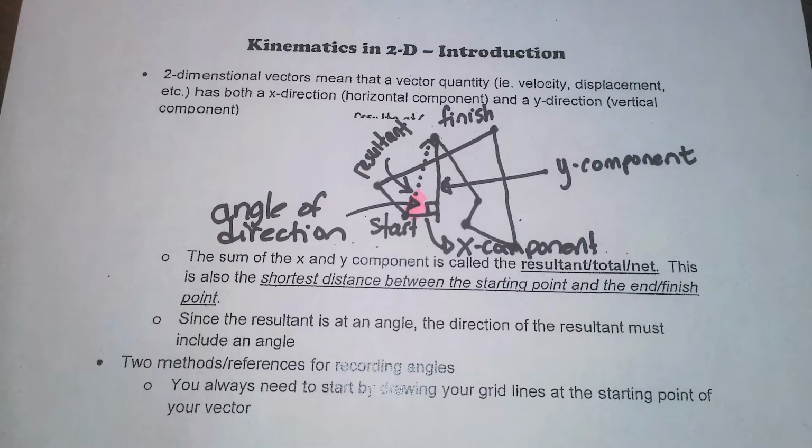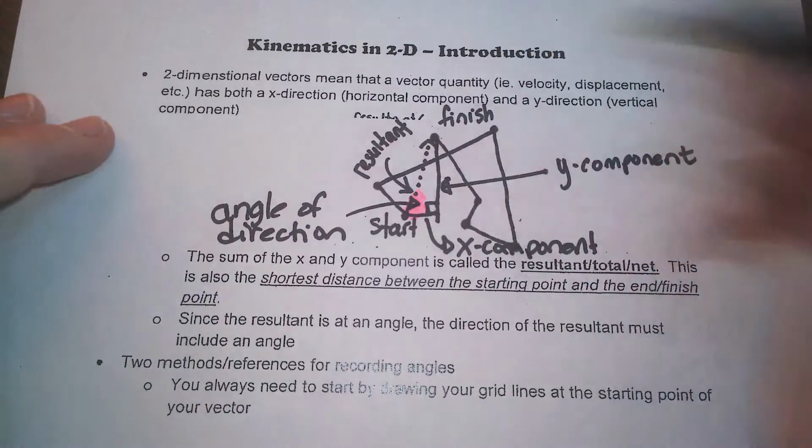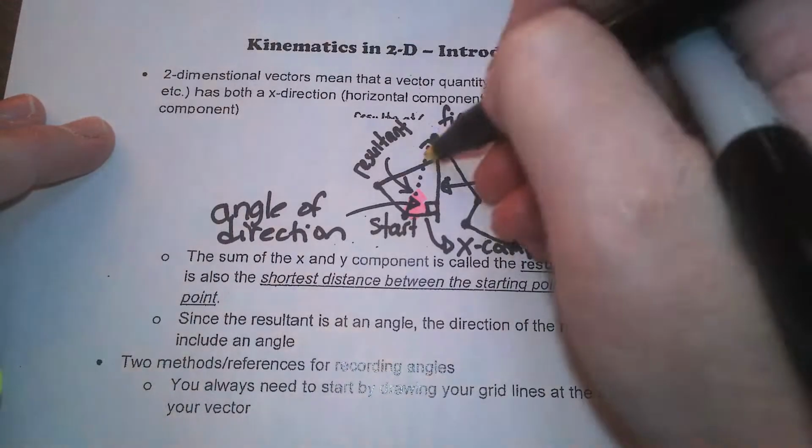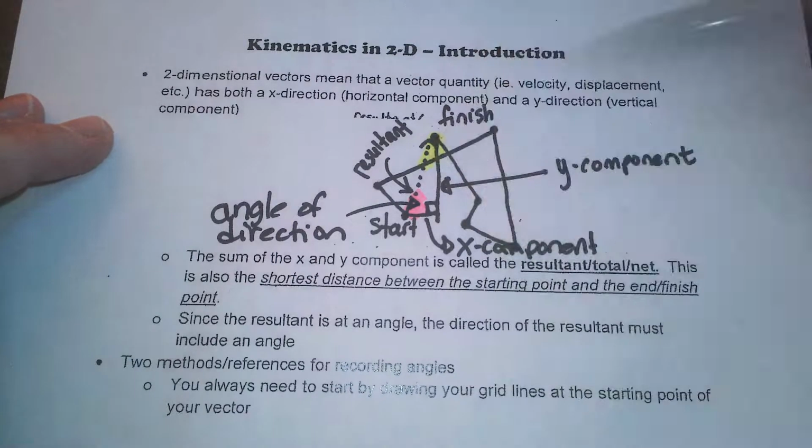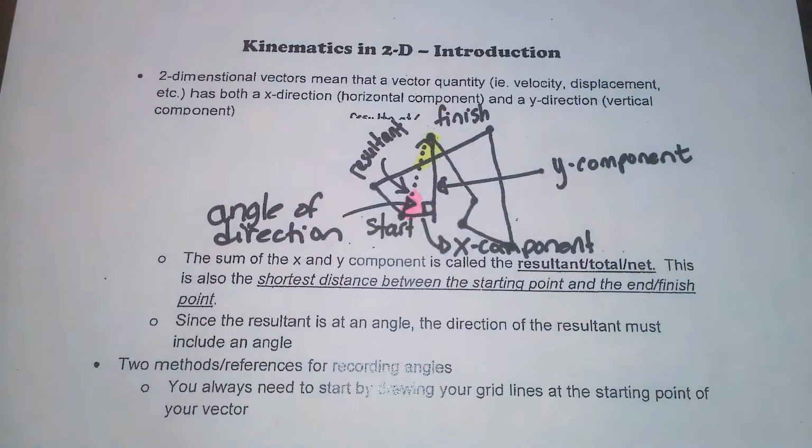The great part is you can have an opposing angle. There's always one in every class that likes to find the opposing angle, and that's fine. You just have to make sure you use the direction from that point. Okay, and you'll see what I mean as we get further into it.